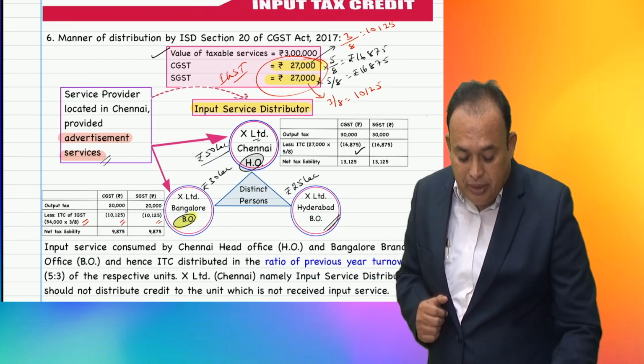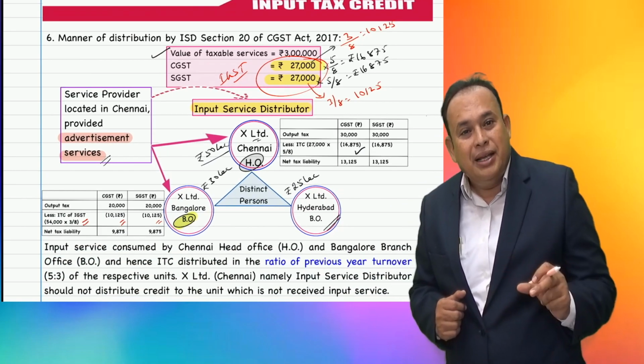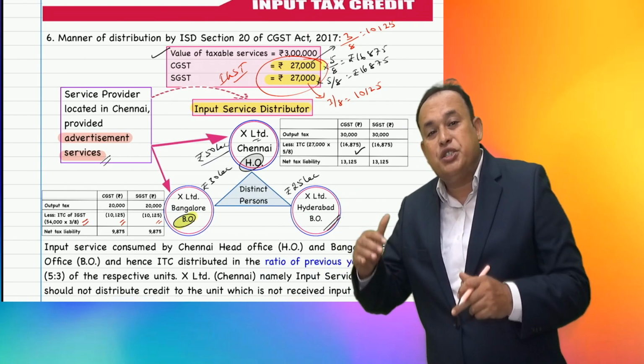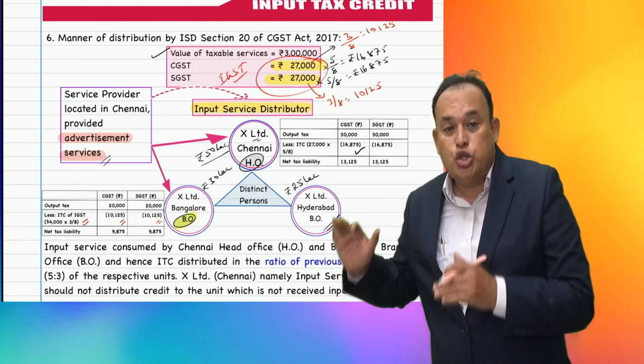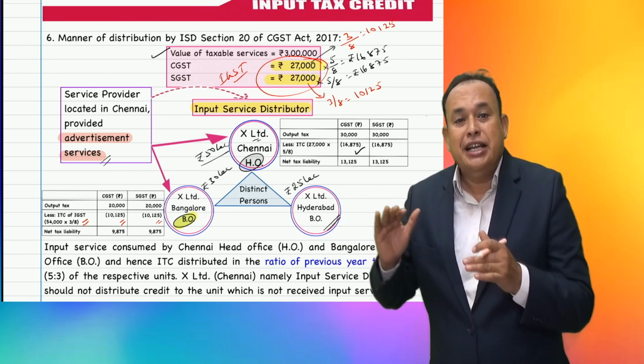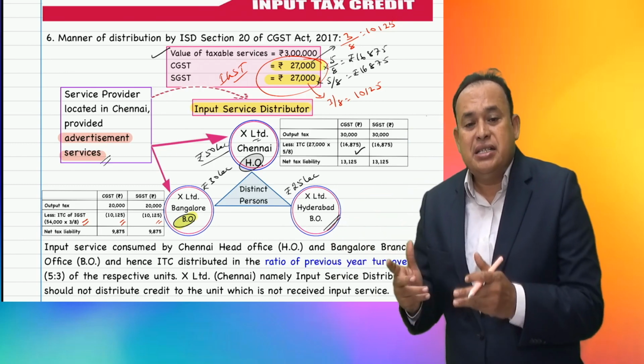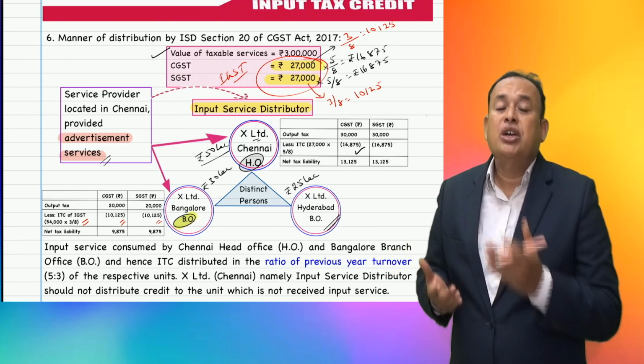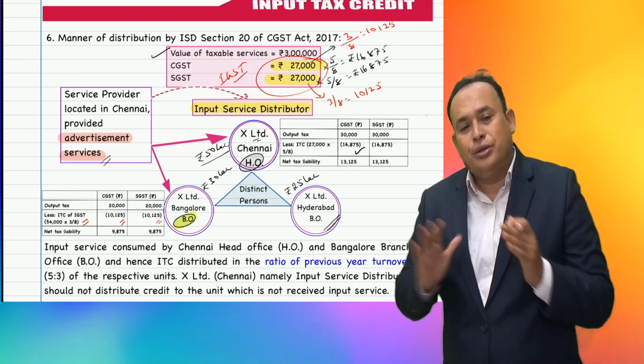Sir, you said simply take the previous year turnover as the base and distribute the credit only to those units which have received the input services. Since X Limited Hyderabad has not received the input services, you have not distributed the credit. Good sir.